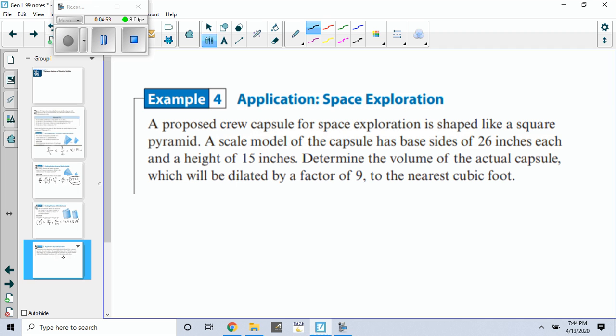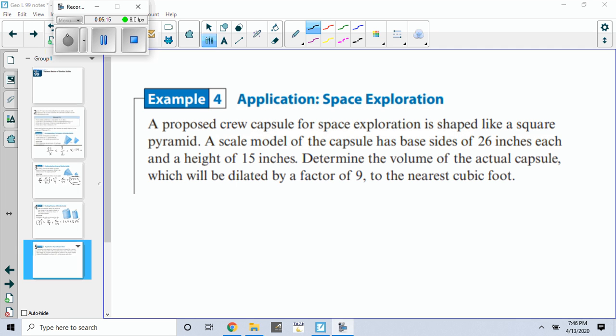So the last example, application, space exploration. Okay, so go ahead and read this. Basically, it's going to be a scale model of a pyramid. And the picture of the pyramid, it's a square pyramid.